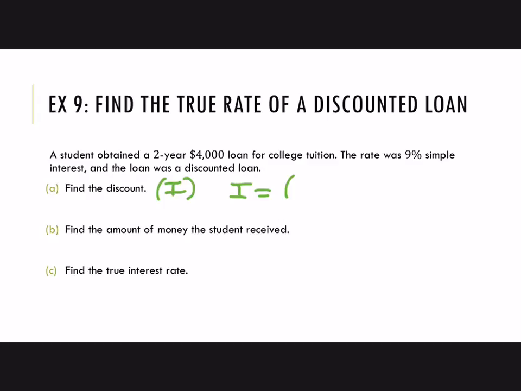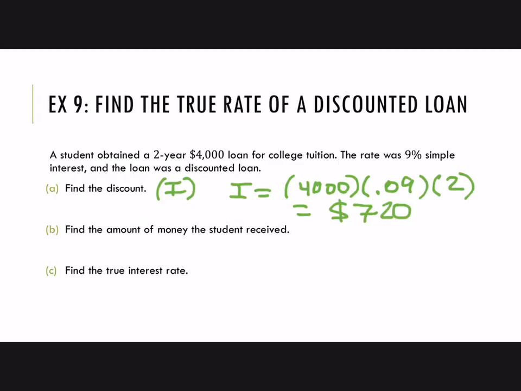So principal, $4,000 times the rate, 9%, times time. And the rate looks like it's an annual percent, and we've got time in years. It's a 2-year loan, so that looks good. Those match. And we want to make that calculation, and that ends up being $720. So that's the discount.